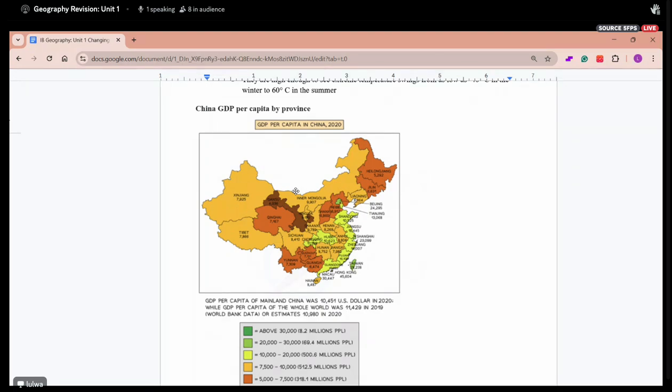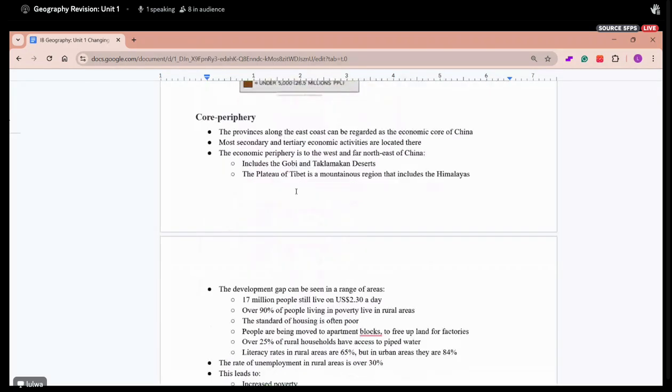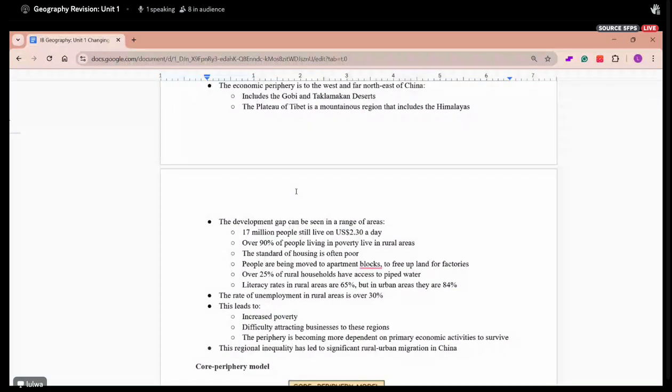As you'll see later, migration patterns will go from the periphery to the core, so from the less economically active parts of China to the more economically active parts of China, for improved job opportunities and livelihood. More on that later. However, you can see that there's a developmental gap in a range of areas. 17 million people still live on $2.30 US a day.